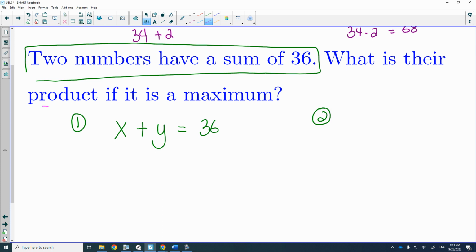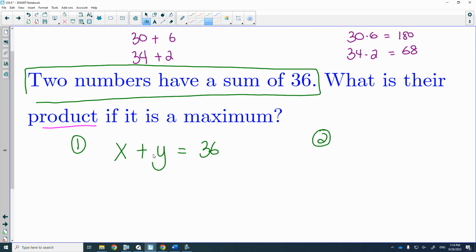So sum is x plus y, and if I want the product of those two numbers, it's x times y is equal to, what I'm looking for is the max product.